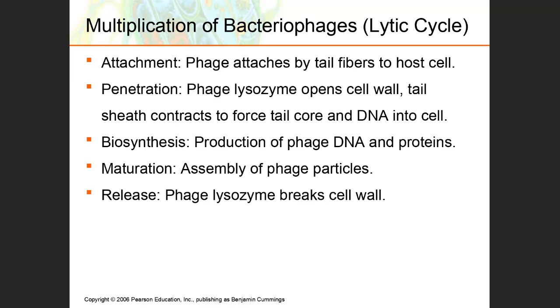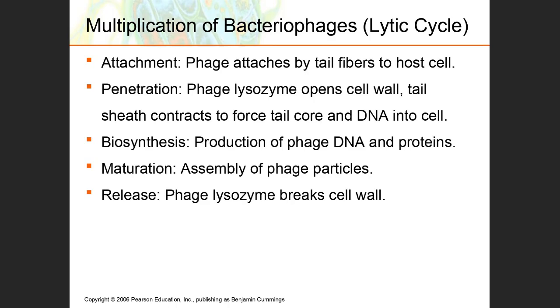Because the end result for the host cell is death, is lysis, this is referred to as the lytic life cycle of bacteriophages. The end result for that bacterial host cell will be death. Now, as many as 200 new virus particles can be produced and released from each host cell.